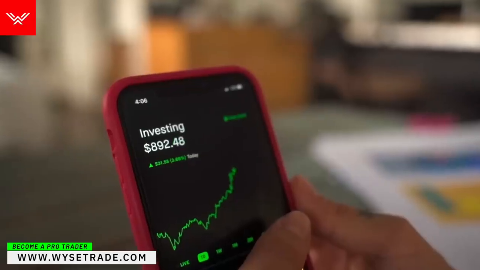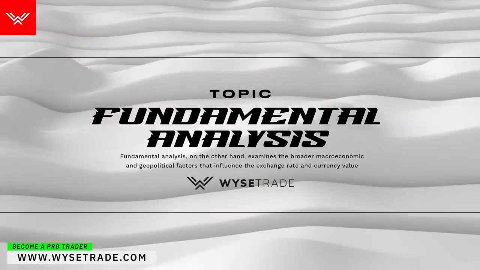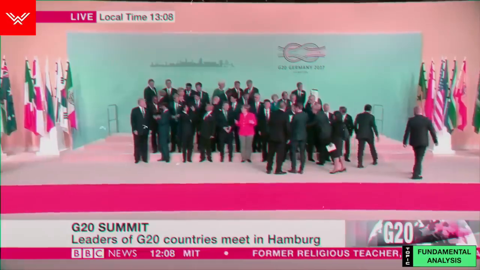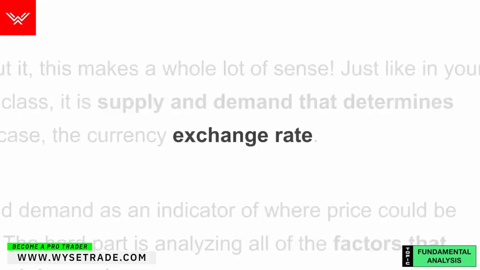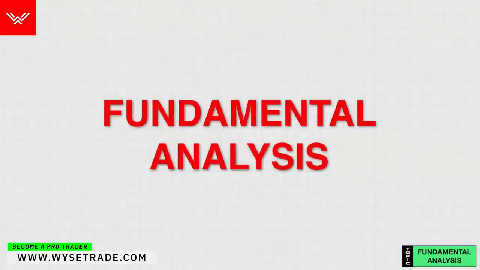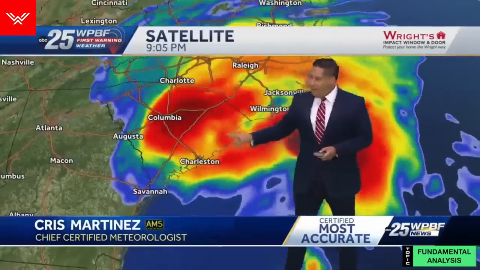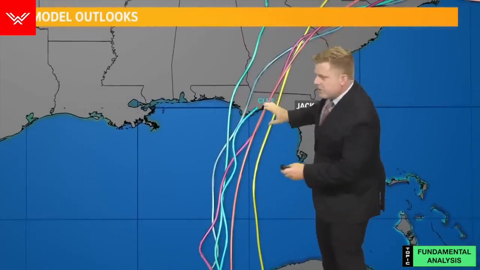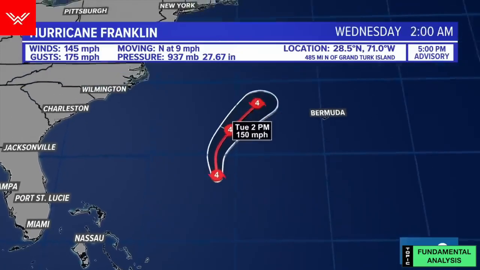Now, another method people use to trade the forex market is fundamental analysis. Fundamental analysis examines the broader macroeconomic and geopolitical factors that influence the exchange rate and currency value. Picture fundamental analysis like compiling a weather forecast. As a forecaster, you are analyzing the atmospheric conditions to create a prediction for future weather events.